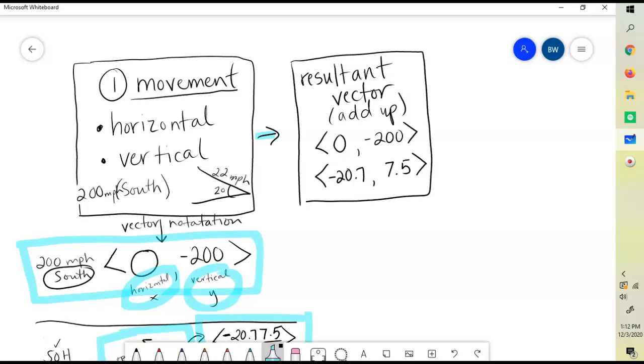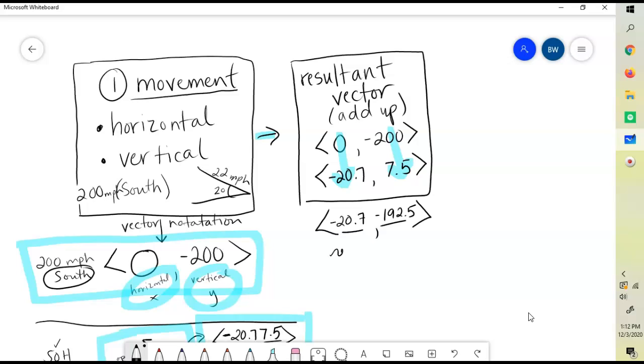In order to add these up, we're going to add these two numbers and add these two numbers to get the resultant vector. So what comes of that just needs to be put into your calculator. Do that at this time, pause and do that on your own calculator. We add 0 and negative 20.7. We have negative 20.7, and when we add negative 207.5, we have negative 192.5.